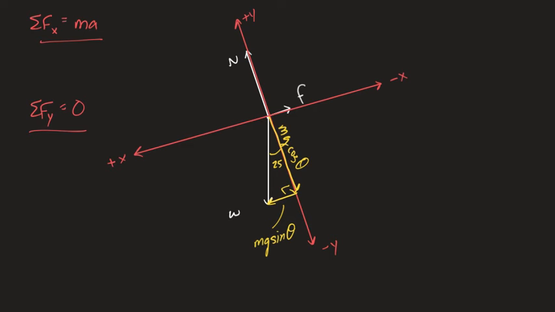There are two forces in the x direction. There is mg sine theta, and there is friction. Oh, it doesn't equal 0, it equals ma there. Now there are two forces in the y direction, normal force and mg cosine theta.